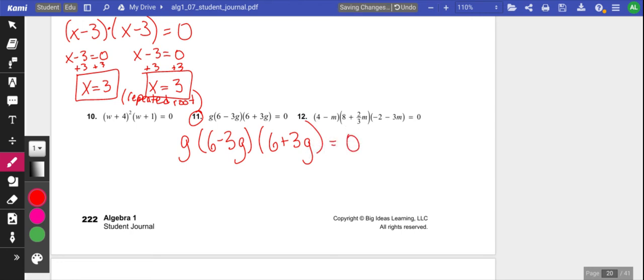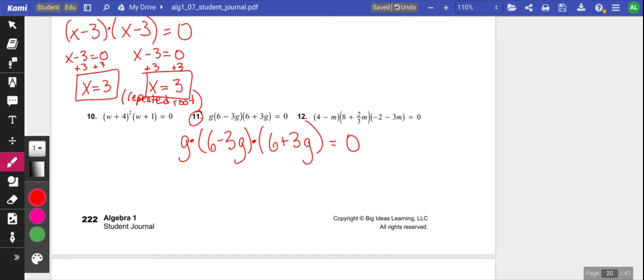This is the first one we've done that's had 3 different factors, but the idea is really the same. I'm multiplying these 2 together, and I'm multiplying by the g as well. So each one of those chunks, each thing I'm multiplying, has to be set equal to 0.